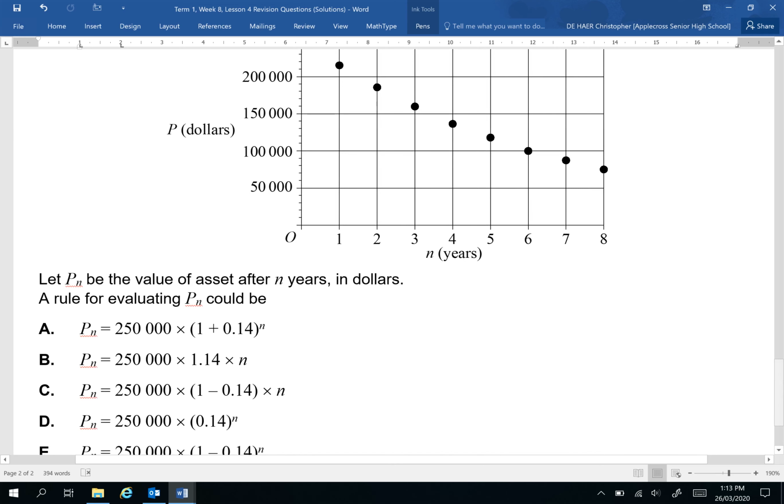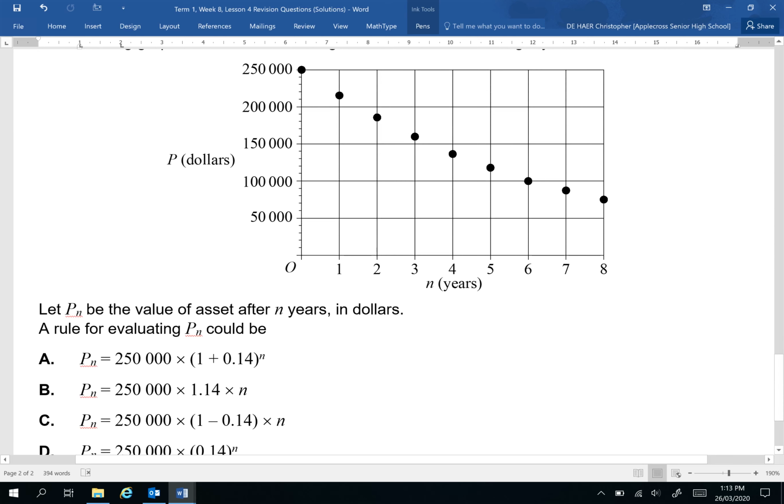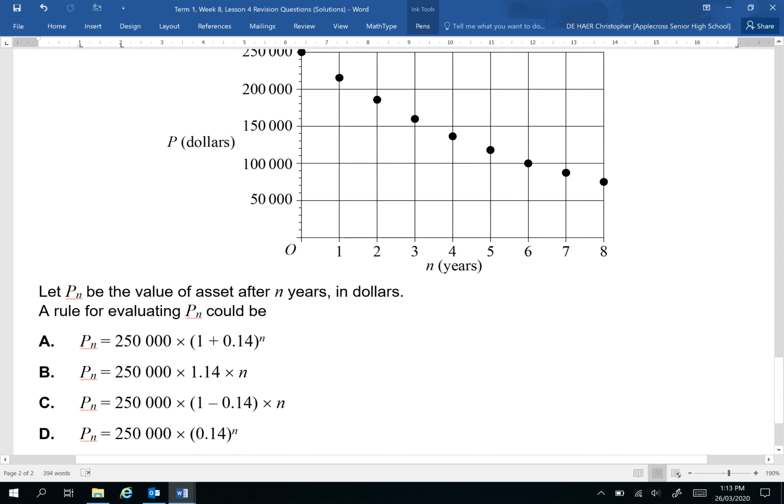Last question is question 5. So we've got a graph here of the value of a decreasing asset, and we're asked to work out which of these recursive rules would suit the actual model. Well, at the moment they all have an initial value of 250,000, so we can't actually discount any of them straight away.